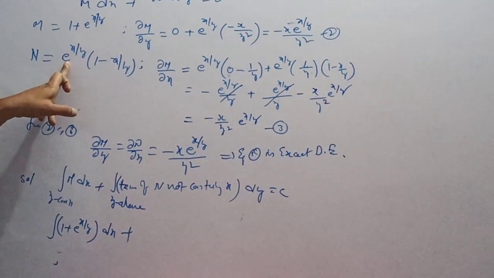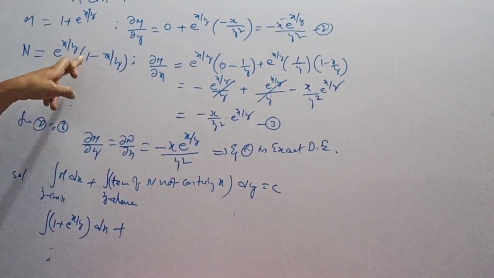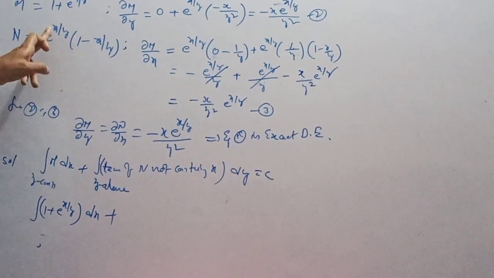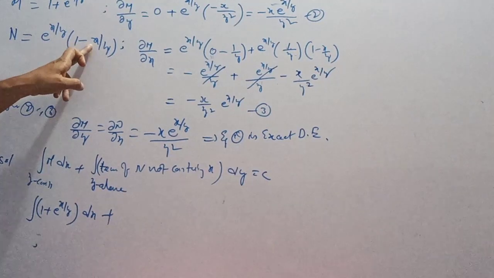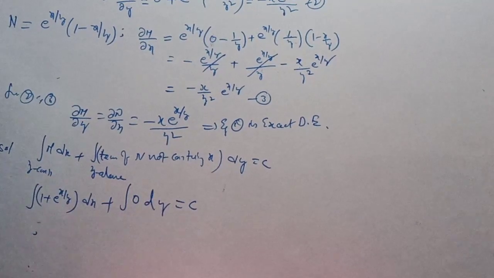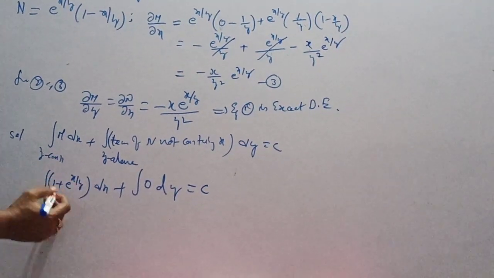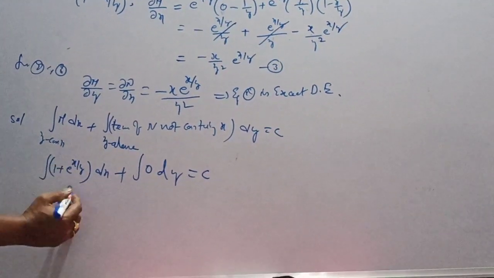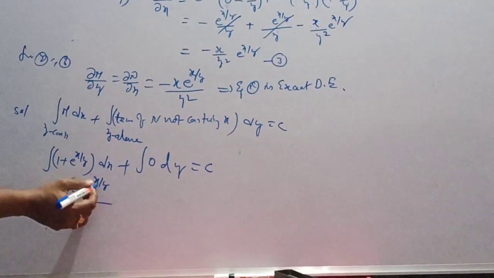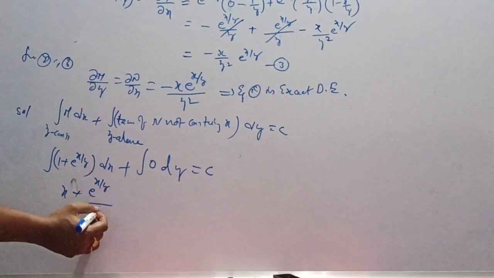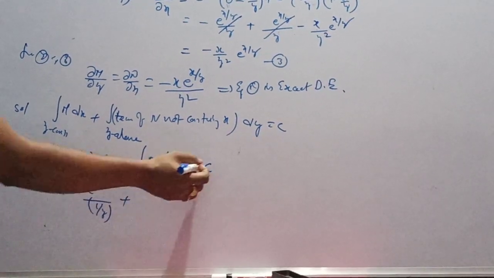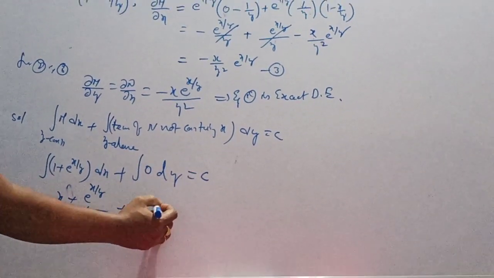The first term contains x, the second term also contains x, and this is also an x term, so the integral of 0 dy equals c. So the integral of 1 is x, plus the integral of e^(x/y), which is e^(x/y) divided by the derivative of x/y with respect to x, which is 1/y, plus 0, a constant, equal to c.